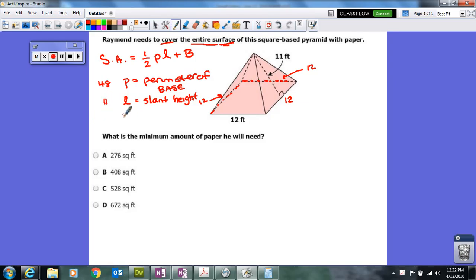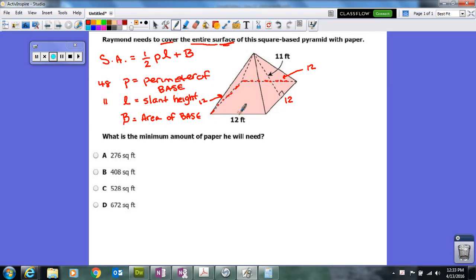And then the big B. The big B is a big B on purpose because we actually have to calculate the big B before we can use it in our formula. What big B stands for is the area of the base of this pyramid. So the base is a square again, and to find the area of a square, you simply take one of the sides and square it.